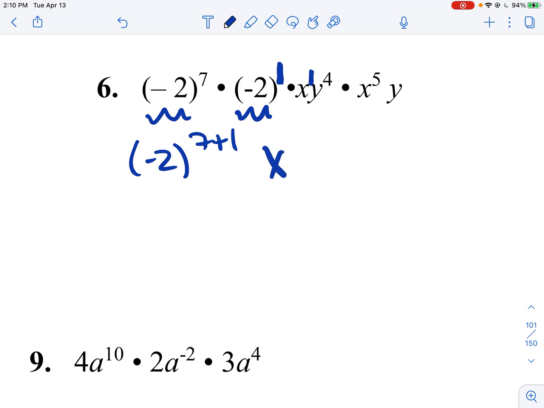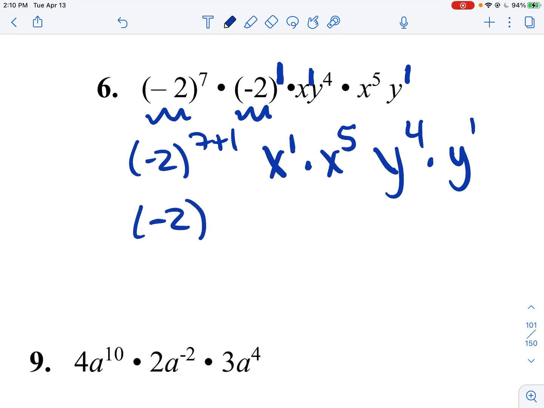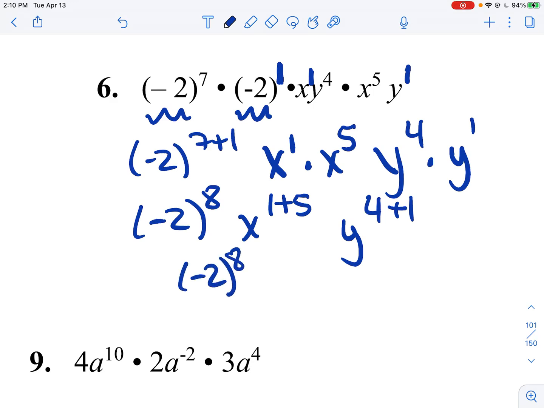Then I have an x, that has an invisible 1 right there, times x to the 5th. Then we have a y to the 4th times, that's a 1. So I have negative 2 raised to the 8th power, x 1 plus 5, y 4 plus 1. This gets me negative 2 to the 8th power, x to the 6th power, y to the 5th power.